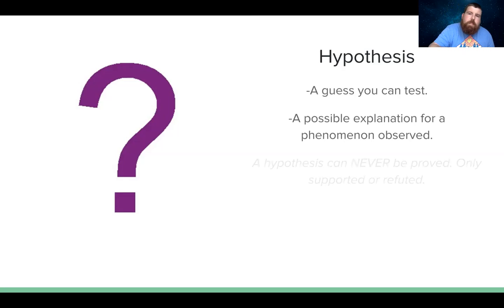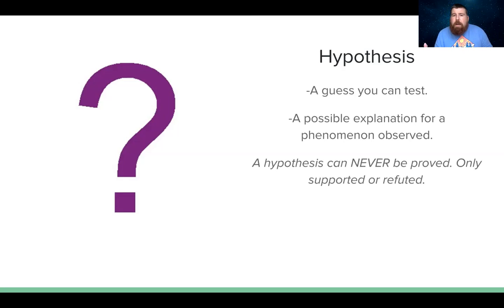Last but not least, a hypothesis can never be proven true. It's only ever supported or refuted. The idea behind this is that we don't always know every single aspect of the natural world. So saying that something is behaving because of this reason without any reasonable doubt is just bad science.